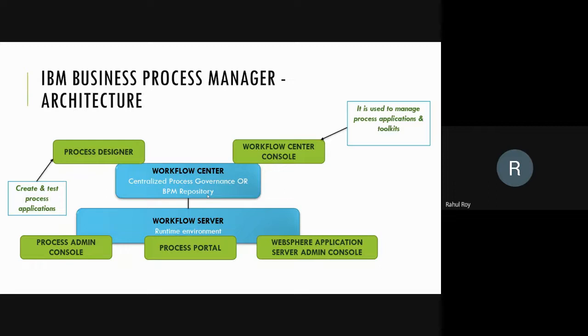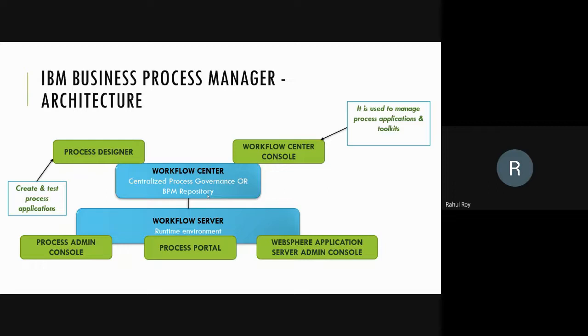This is the component from where we can download it. If I log into the Workflow Center of the development environment, I will get the link for downloading the desktop Process Designer. Our first session will start off with Workflow Center, and then we proceed with designing the process and everything with Process Designer. That is the first session of our training.